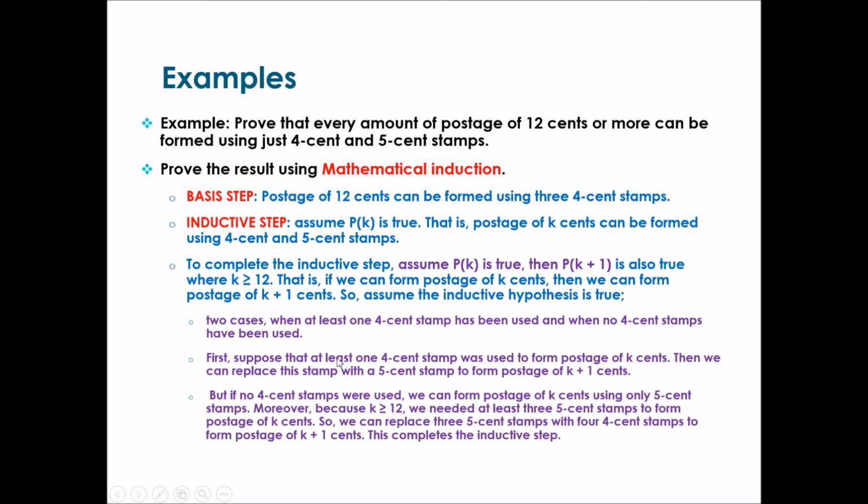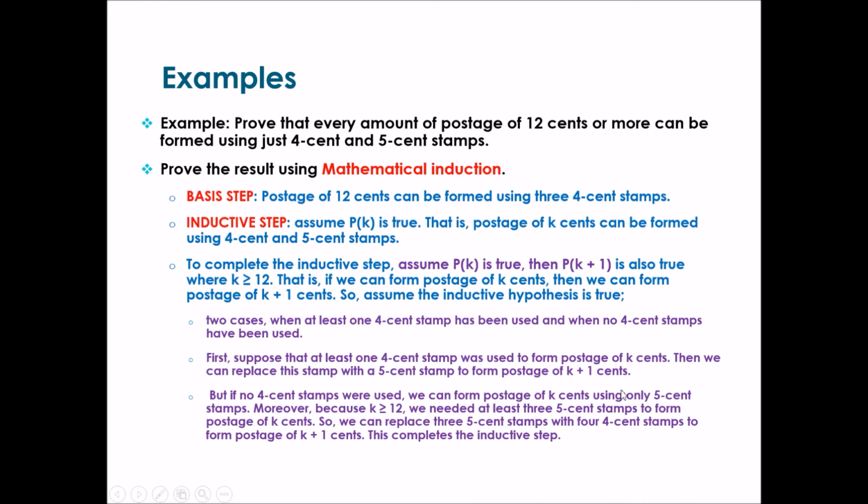We are assuming that at least one 4-cent stamp was used to form postage of k cents. That means the rest of the stamps are 5-cent stamps. At least one means we are using at least one. The number of 4-cent stamps may be 2, 3, or greater than 1, but at least one 4-cent stamp is used.